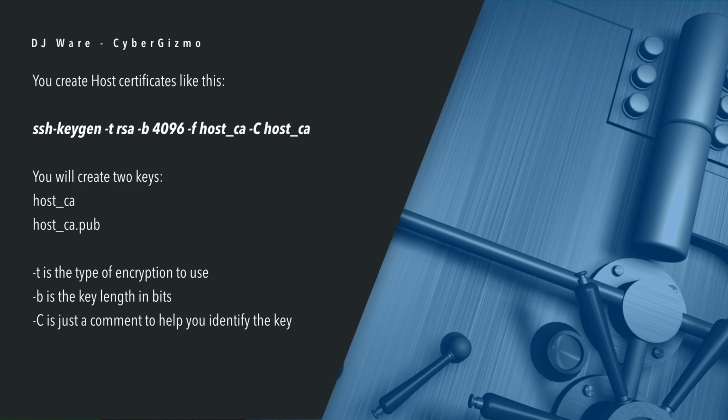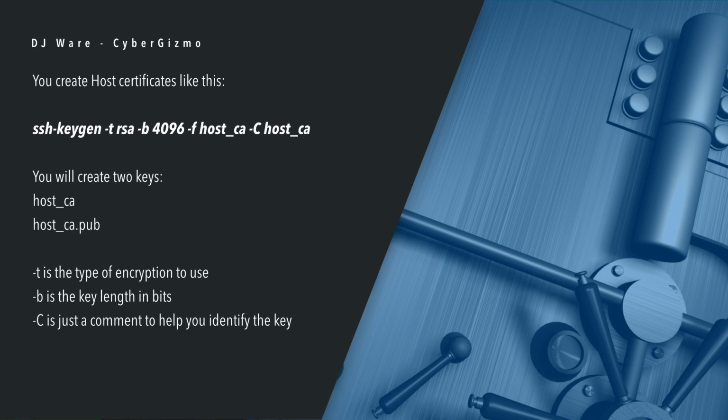So the first thing we're going to do is create the host certificate that we're going to use for the CA. And it's the same mechanism you use to create any key, whether it be for the initial host certificate or the user certificate. You use ssh-keygen, you pass a -t to tell it which cryptographic method you want to use, and you pass it a -b that tells it the key strength.